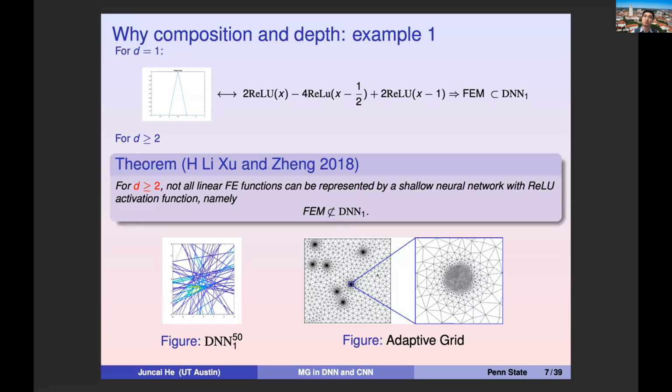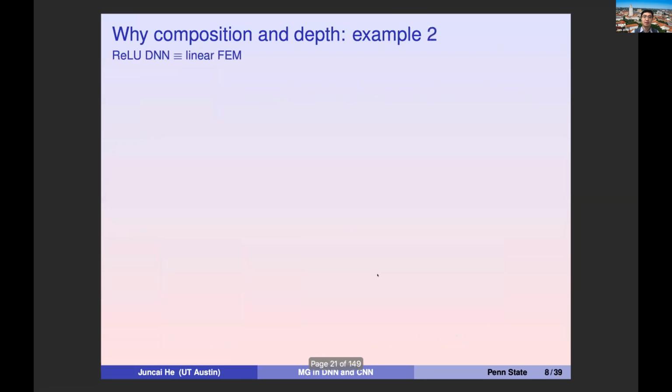If you do not use a deeper neural network, you cannot achieve some representation power. The next result tells us that if you really go deeper, you can recover every piecewise linear function, like a linear finite element you want.